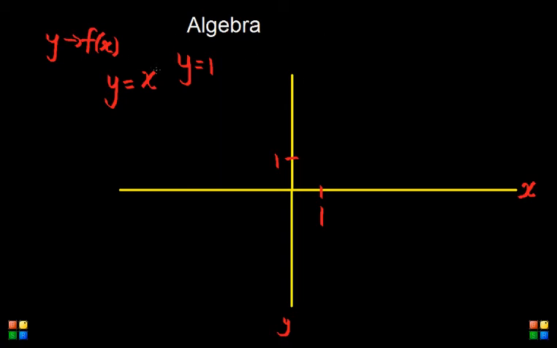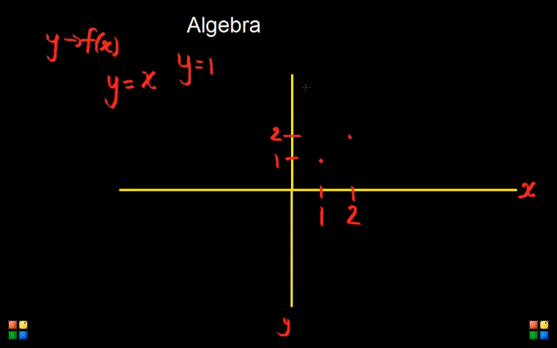So let's say x is equal to 2. When x is equal to 2, y is equal to x. So by the transitive property, y is equal to 2. So let's make these points. Here's one point, here's another point.